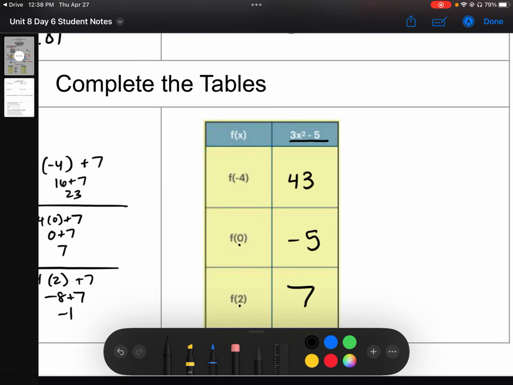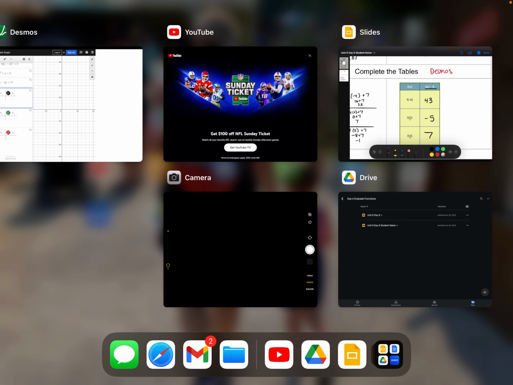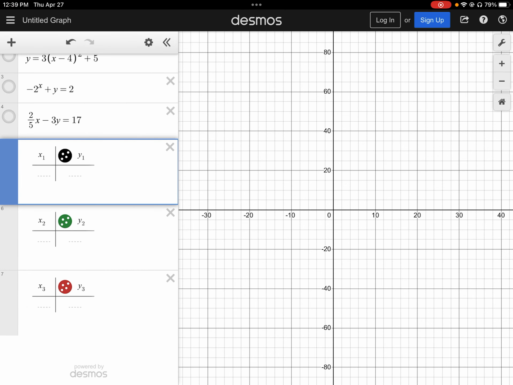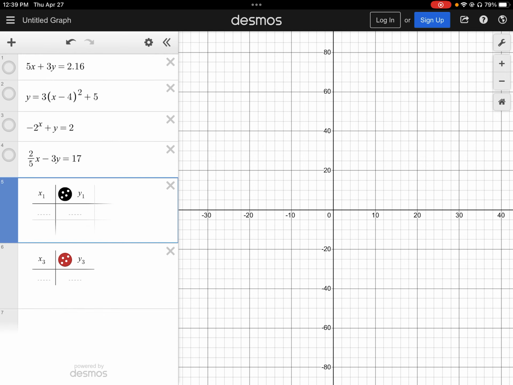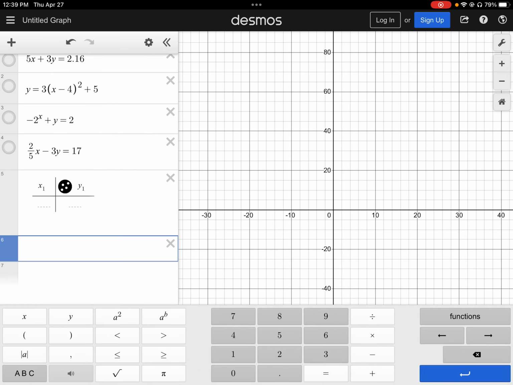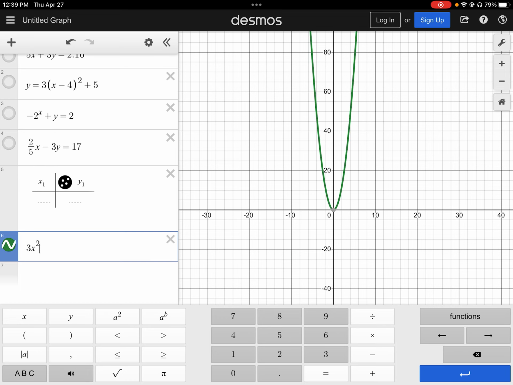Oh, another option I should have said is we could use Desmos on this. So if I were to use Desmos, then I would plug in the function. So maybe my function, that one was 3x squared minus 5.